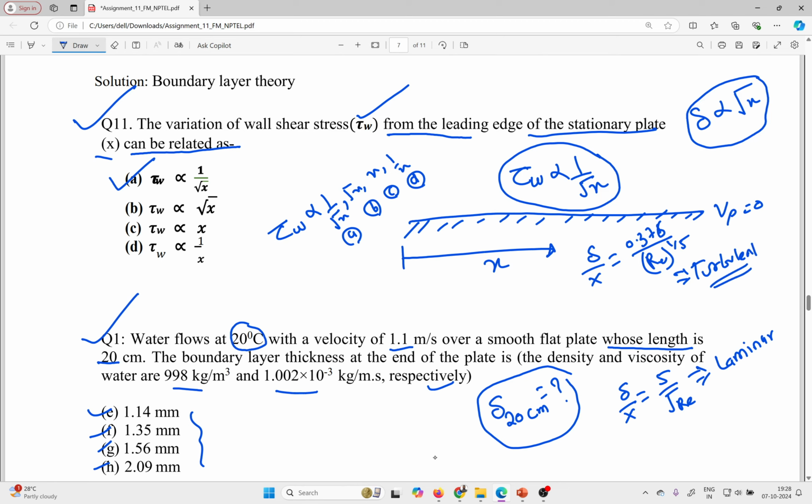So in the question, first you need to find out whether your flow is laminar or turbulent. How will you calculate? Using the Reynolds number formula, rho v x divided by mu.